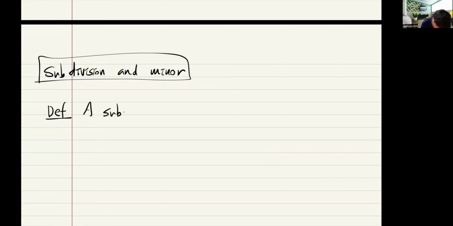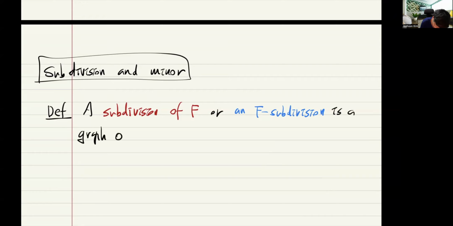We say subdivision of F, or we simply say F subdivision. A subdivision of F is a graph which is obtained from a graph F via edge subdivisions.